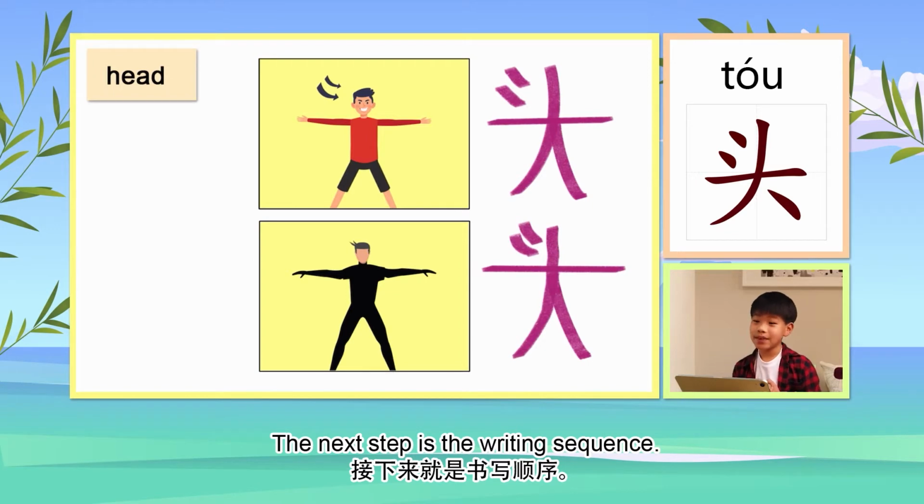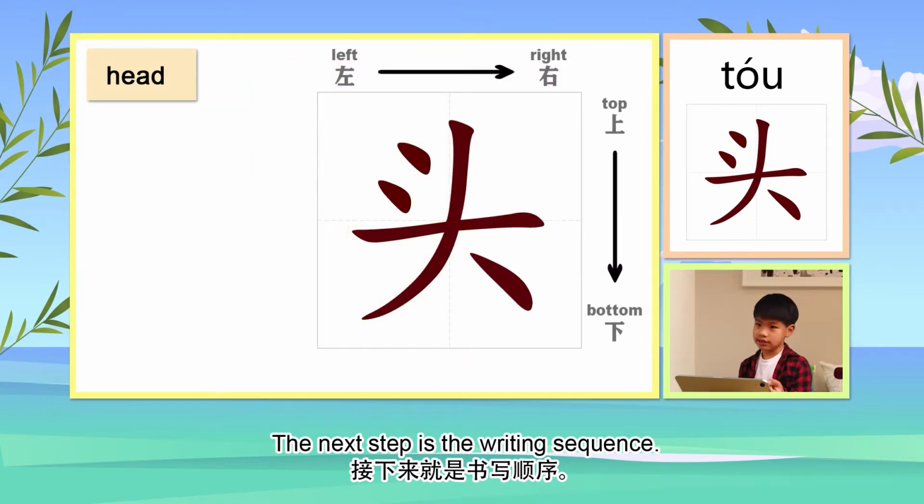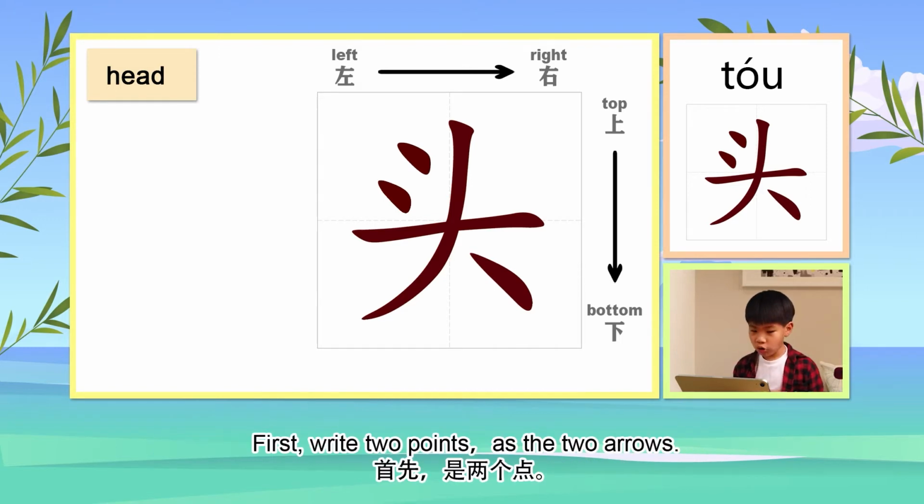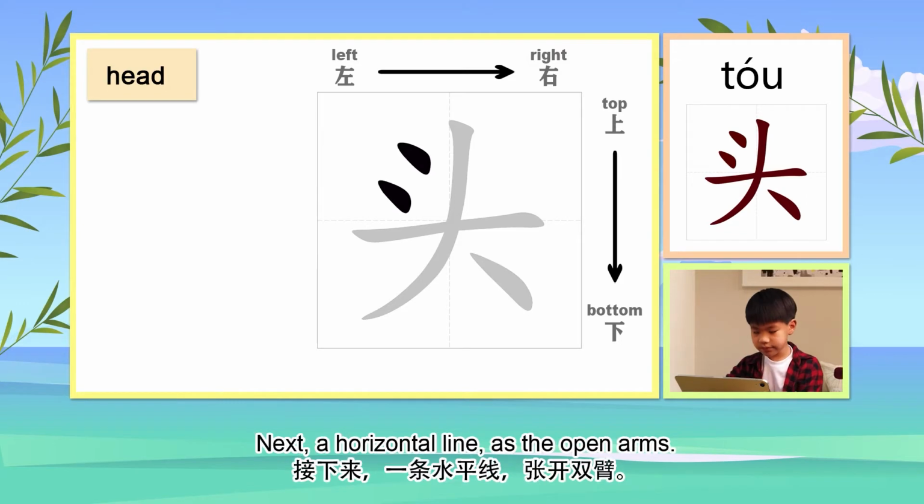The next step is the writing sequence. It's quite simple because we already know how to write 大. First, write 2 points as the 2 arrows. Next, a horizontal line as the open arms.